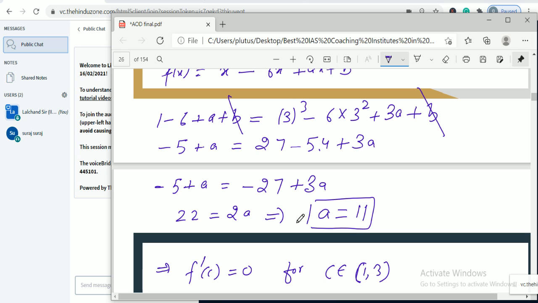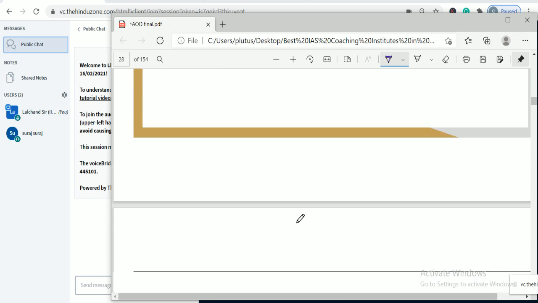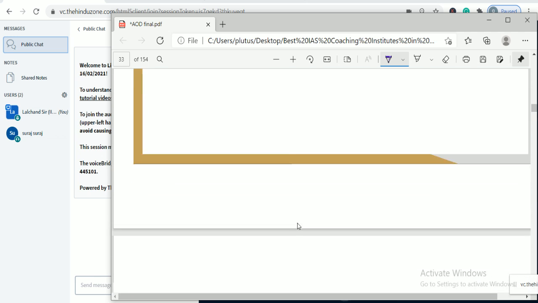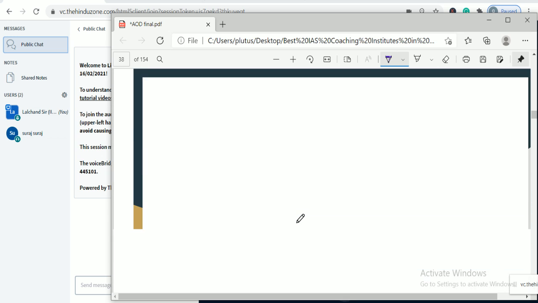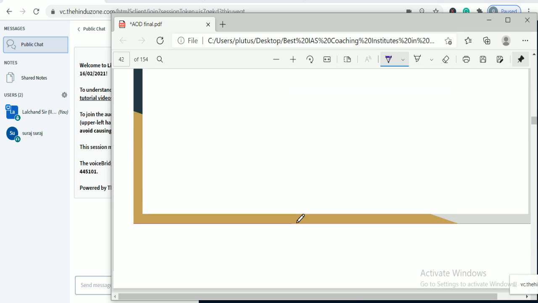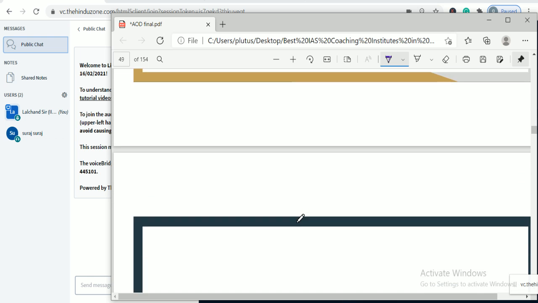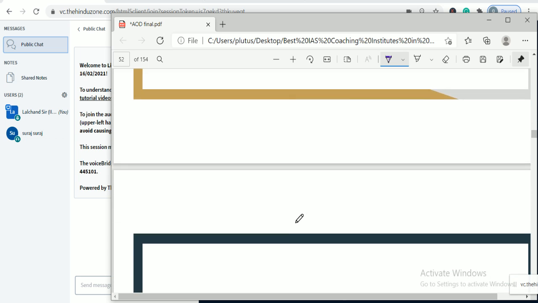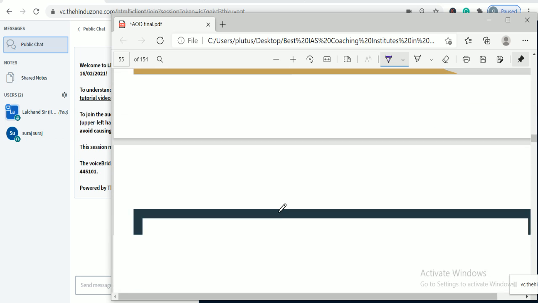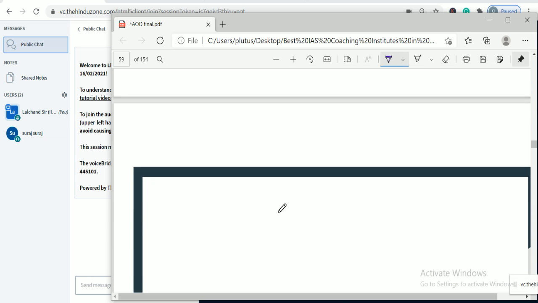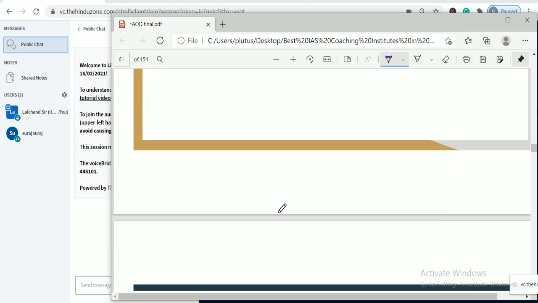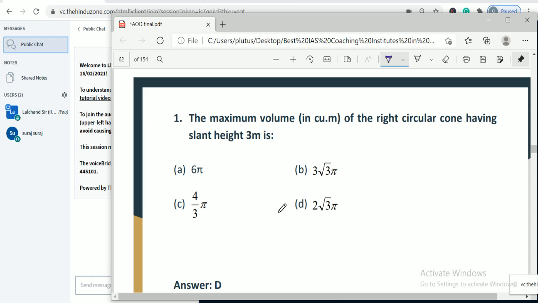Let us try to solve some question which was asked in 2020 JEE.